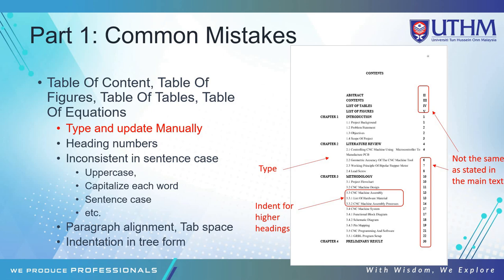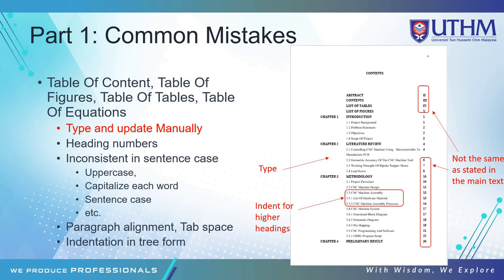This usually happens when the tables are sorted manually. The common mistake is unmatched page numbers in the main text. For example, a subtopic title is not found exactly as indicated by the page number in the main text.